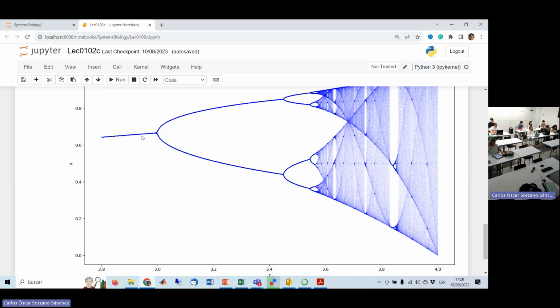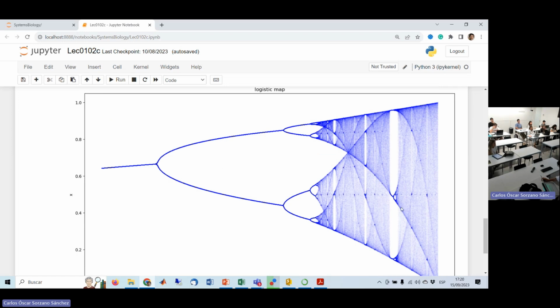For values between 3 and 3.4, you have two different kinds of solutions, so depending on your initial condition, you may go to one solution or the other. Between 3.4 and 3.5, now you have 4 solutions. And the farther you go toward 4, the more possible solutions you have. Interestingly, there are some R values for which there are very few possible solutions.